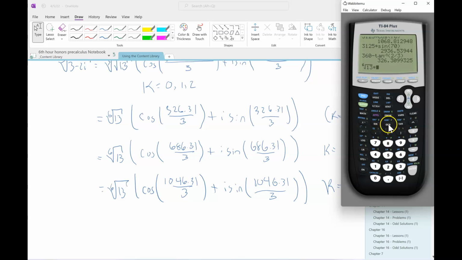Alternatively, you could have typed 13 to the 1/6 power. That's okay too. That's the same thing, right?